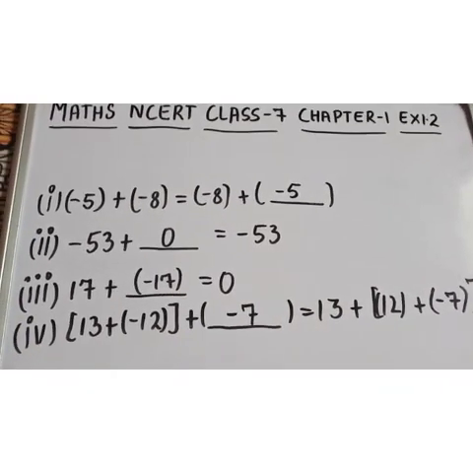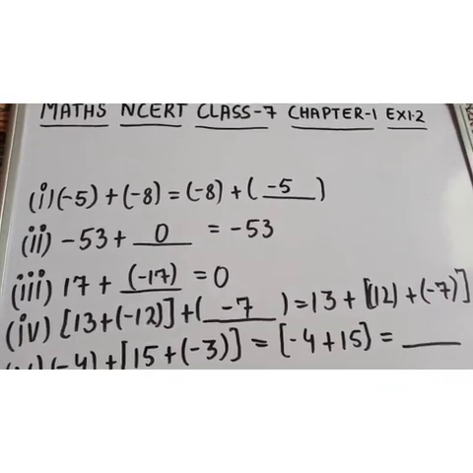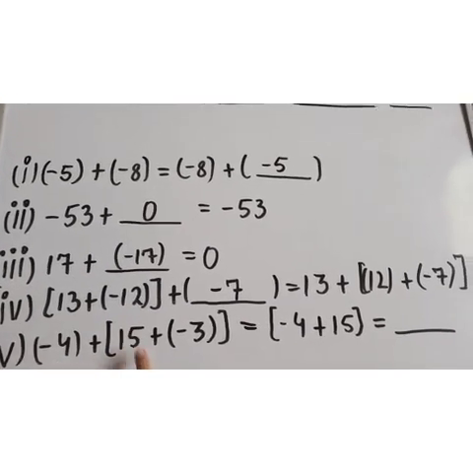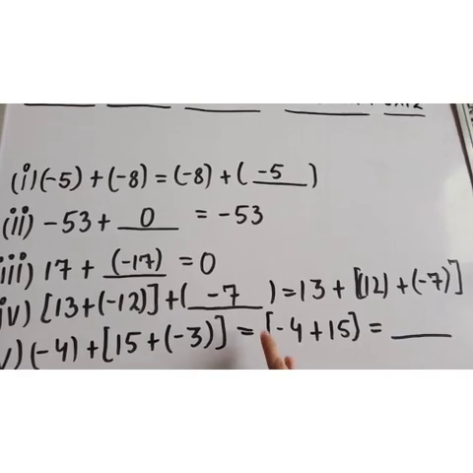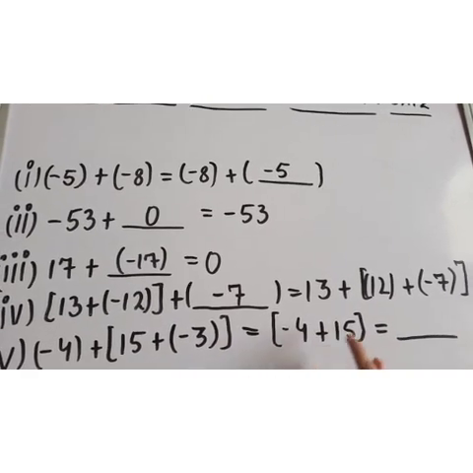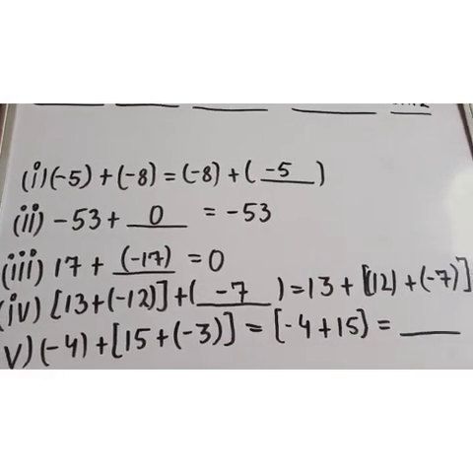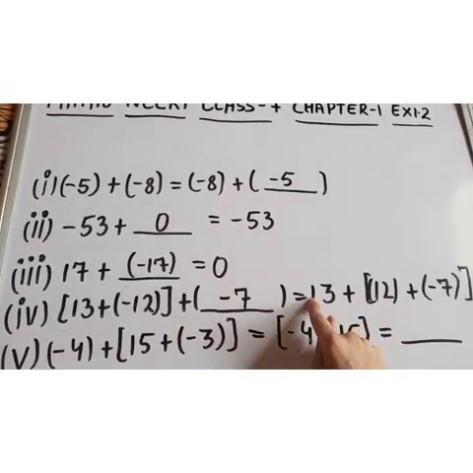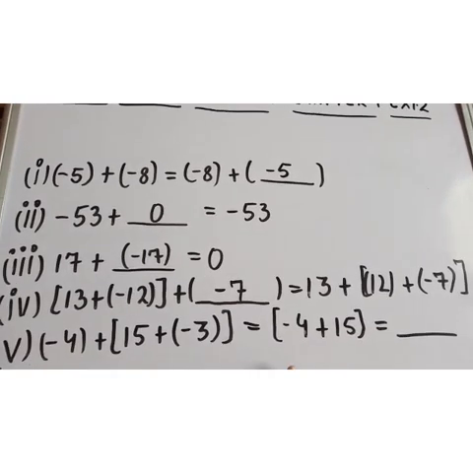Now let's come on to the fifth part. So the fifth part is minus 4 plus 15 plus minus 3 equals to minus 4 plus 15 equals to dash. So now again this is the same type of question like the fourth part.